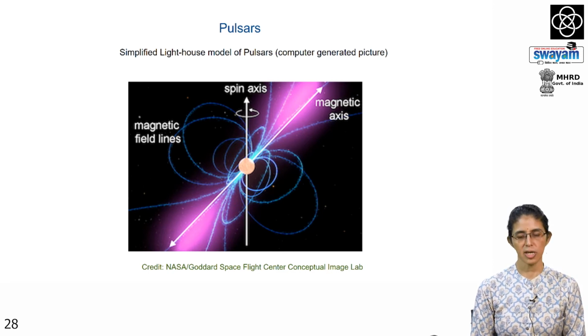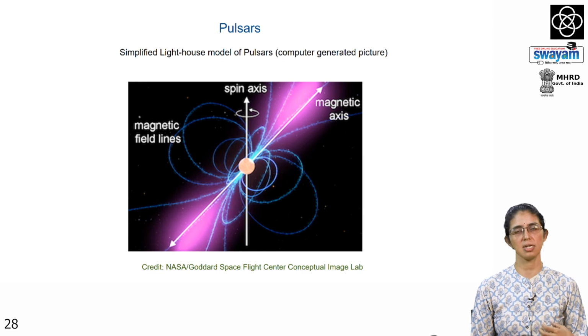In this figure, one can see the neutron star at the center, the spin axis is shown, and the magnetic axis, which is distinct from the spin axis, is also shown diagonally. Now, when the neutron star is rotating very rapidly, the magnetic axis also rotates. The magnetic field is a dipole field, and one can imagine the magnetic lines shown in blue in the panel.